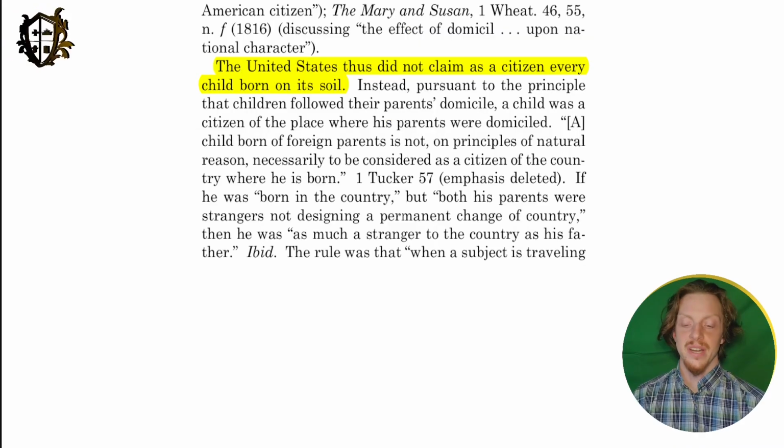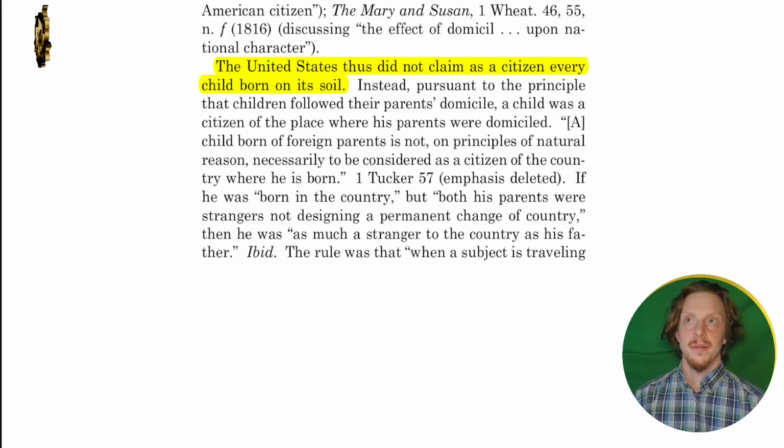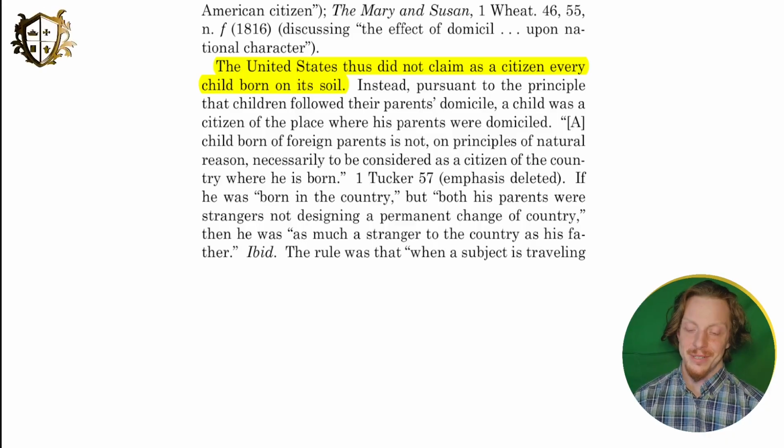Further down, he says, the United States thus did not claim as a citizen every child born on its soil. Again, a parcel of truth which does not verify the lie. There was a consensus among the founding generation that yes, if you're born here, you are granted citizenship, with conditions and qualifications.